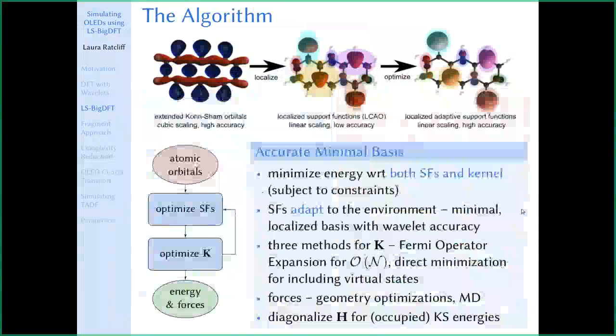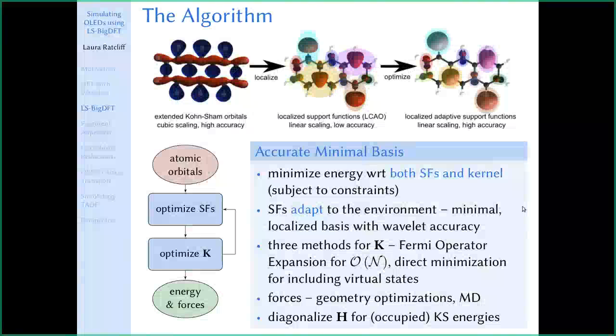So as I mentioned, this is a minimal basis. If anyone is familiar with Gaussian type approaches, you might wonder how we can be accurate using a minimal basis. So there's an extra step. We have the extended Kohn-Sham orbitals, which is a cubic scaling approach, which is very accurate. We can go to some kind of localized minimal basis set approach, which is going to be potentially a linear scaling approach, but low accuracy.